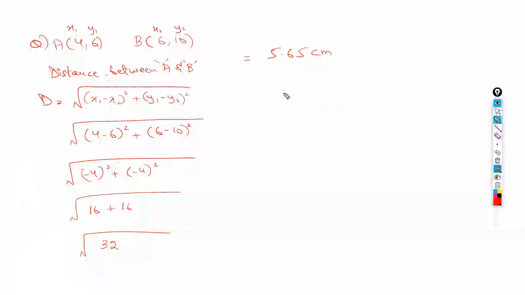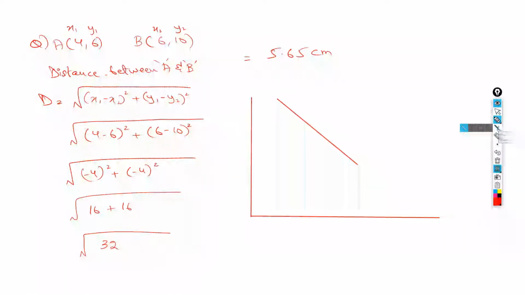So the distance between, let me draw the graph once again. As I told you, coordinate geometry is all about graphs, so you have to deal with graphs a lot. So over here, you will have a positive gradient, my bad.